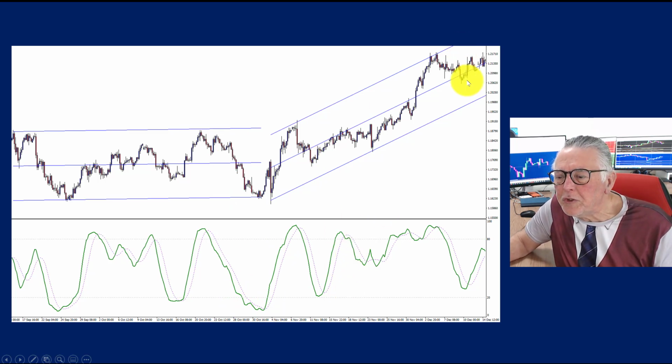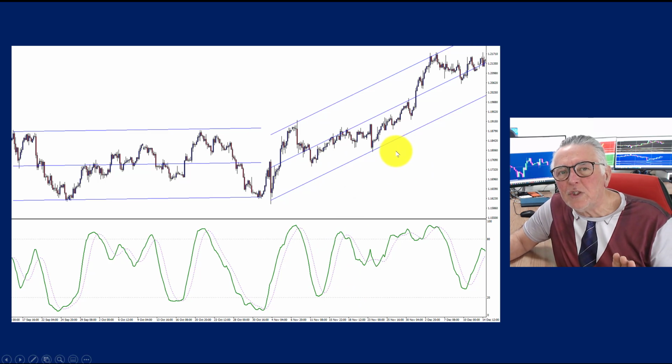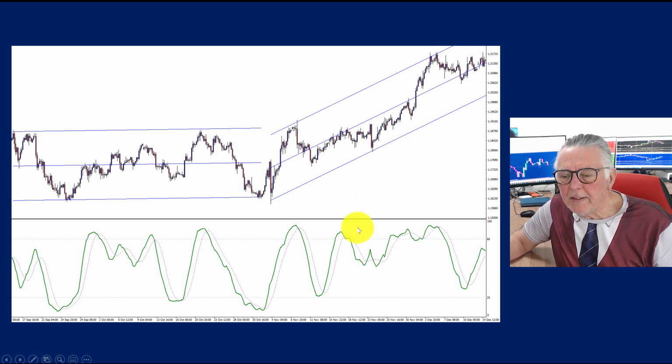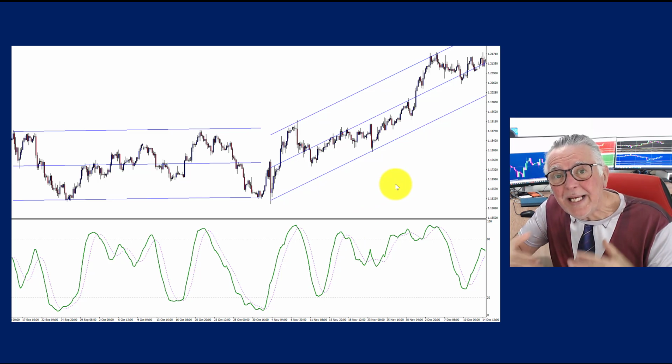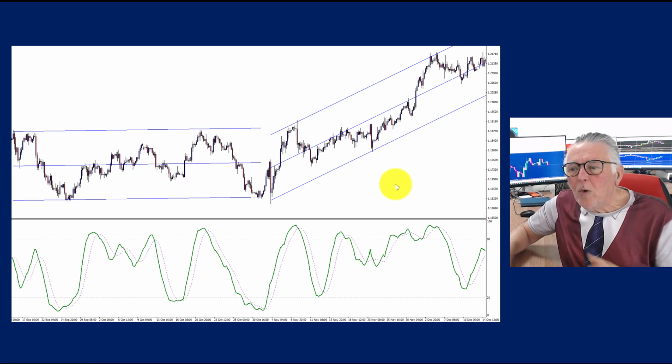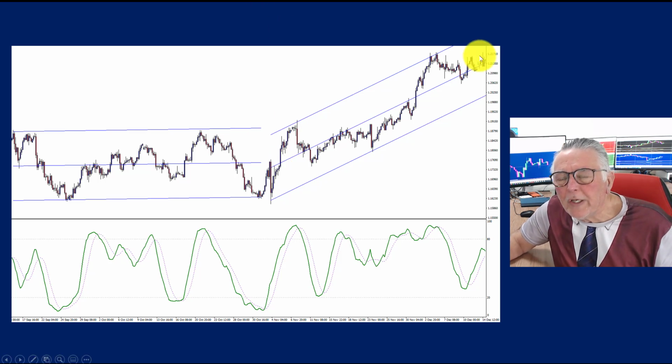The minute it starts trending, some of these signals become whipsaw signals, and one must always be aware of not taking against-the-trend trades when the market is trending. For instance, if you can see here, there was a sell signal there, and it went nowhere, and then turned into a buy signal, and then into a sell signal.